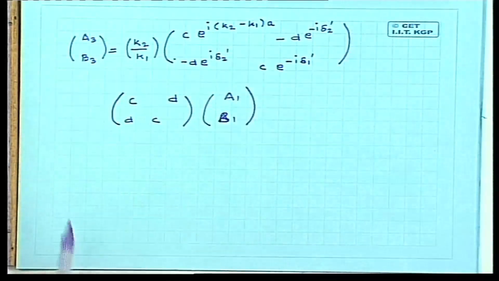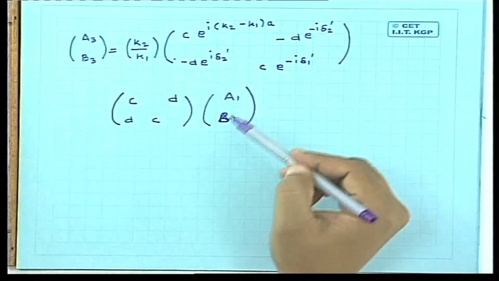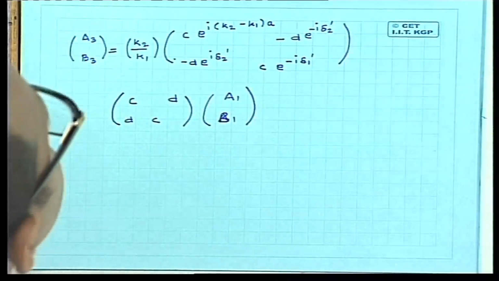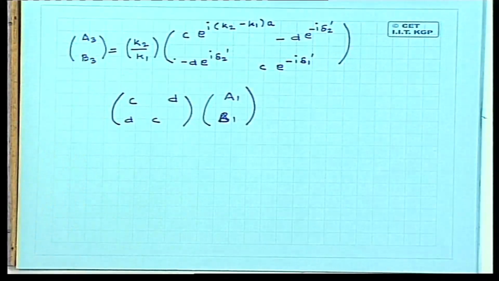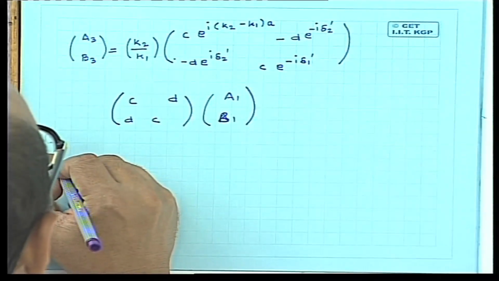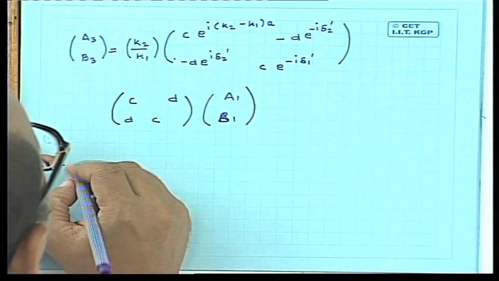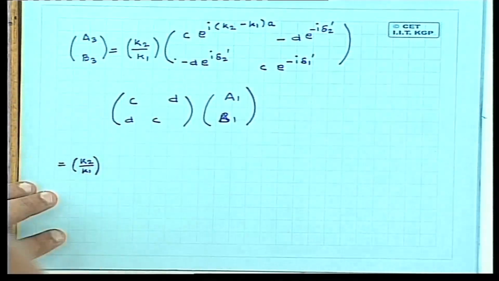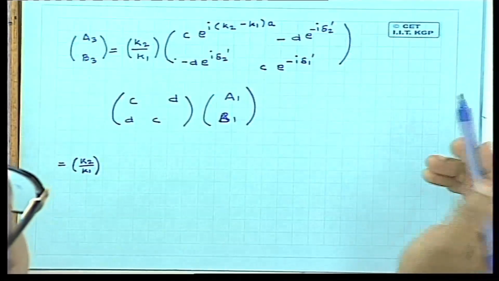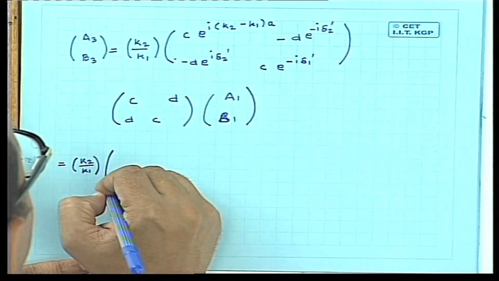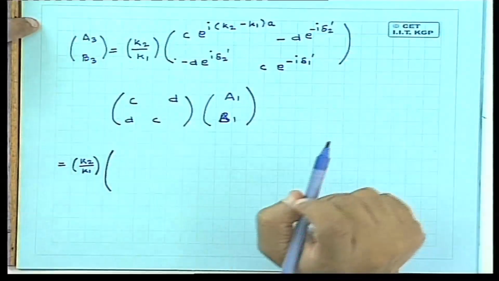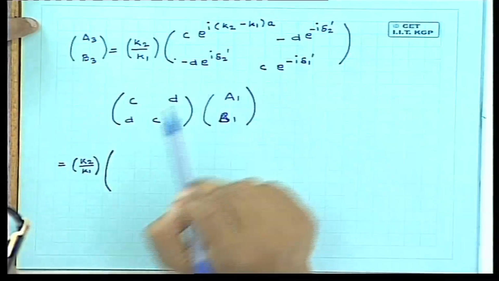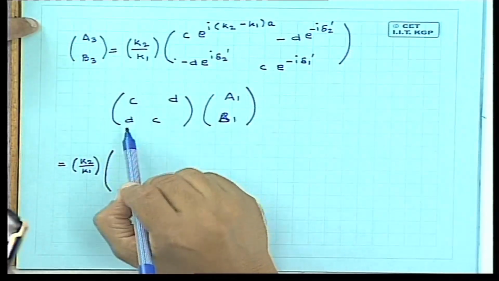Now we have to just do this matrix multiplication and get the relation between A3, B3 and A1 and B1. Right? So let us do this matrix multiplication. So this is equal to K2 by K1. And then let us write down the terms one by one slowly. So I have to multiply the first row here with the first column here.